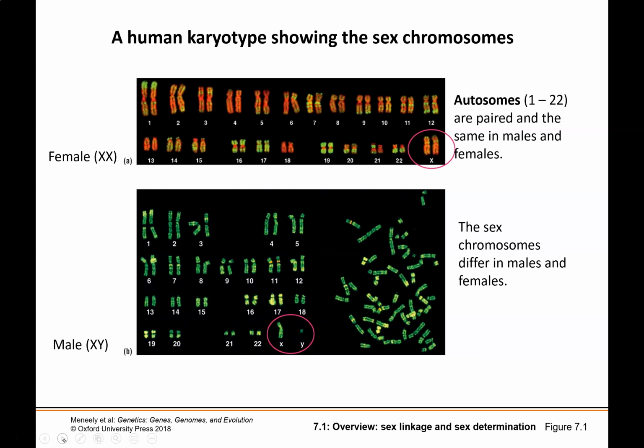So if you look at the size and shapes of all of them, you'll see that they're the same, except for those X and Y chromosomes down at the bottom. Now males have one X and one Y chromosome. So we're going to talk about the differences, why females have two X's and why males have an XY, and what that means for the sex of an individual.